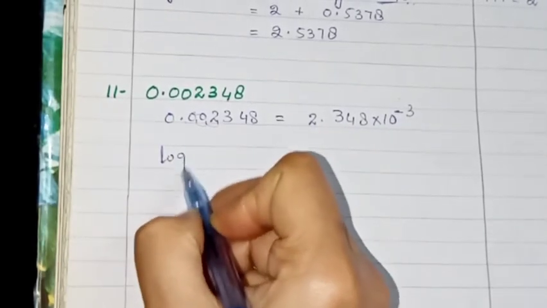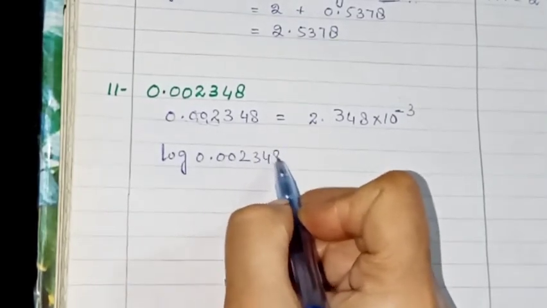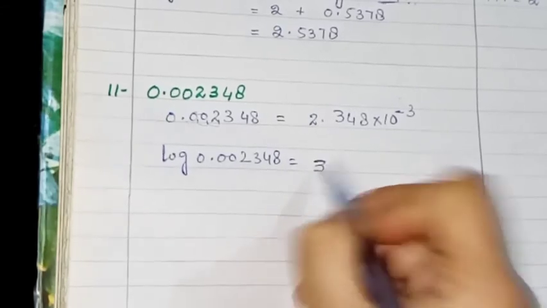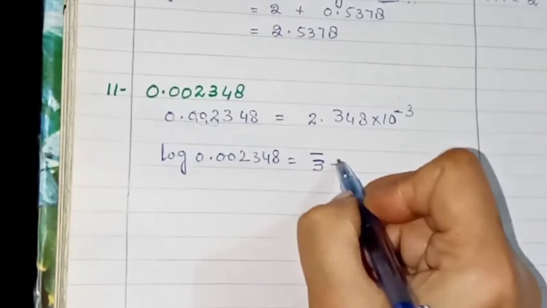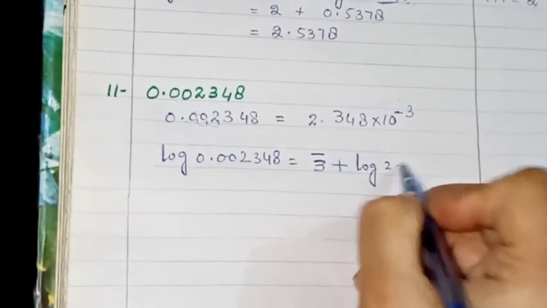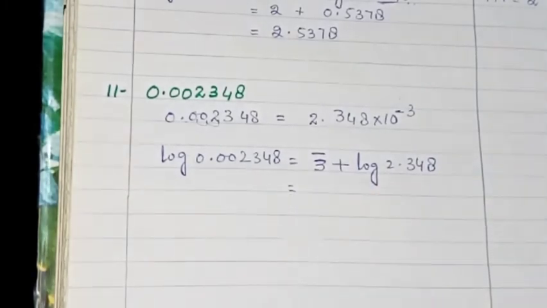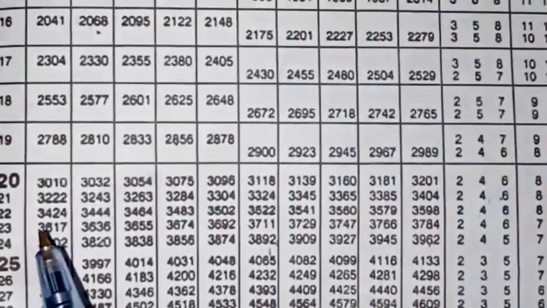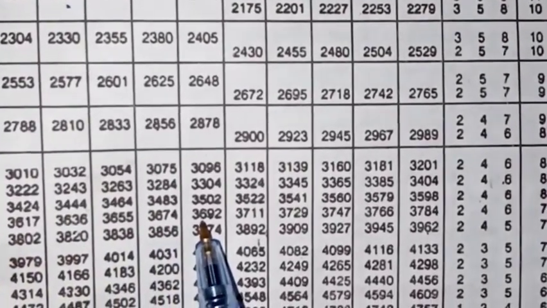So log of 0.002348 will be minus 3. So we have to write this 3 here and put a bar on it, okay, and plus log of 2.348. For this one we have to go for the row 23 here. In the row 23 we have to go for column 4, 3, 6, 9, 2.